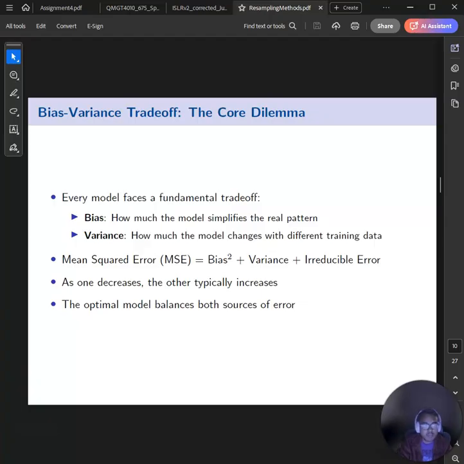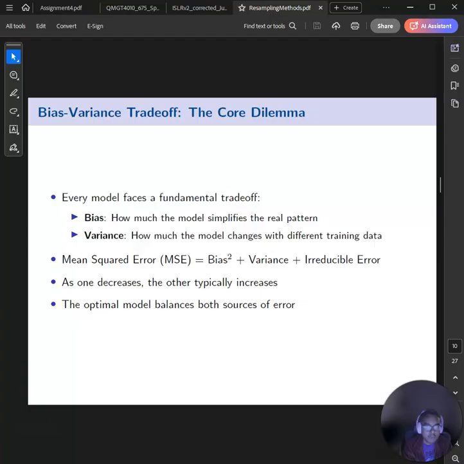So let's now dive into what statisticians call the bias variance trade-off, the core dilemma every model faces. When we build a statistical model, we are dealing with two opposing sources of error. First is the bias. This represents how much our model simplifies the real pattern in the data.